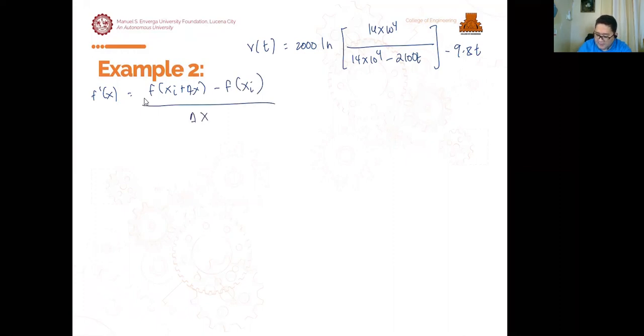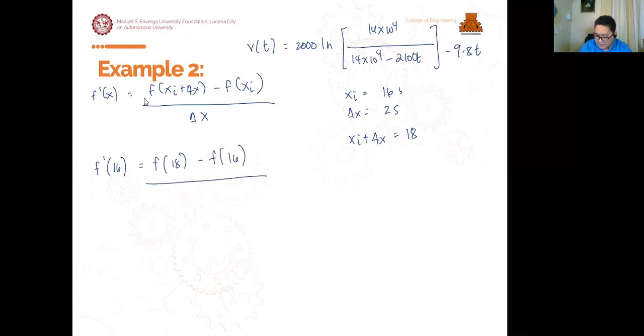Our x sub i is given in the problem as our first t value, 16 seconds, and our step size is 2 seconds. So x sub i plus delta x will be 18. So when we substitute, f prime of 16, the value of the first derivative, will be equal to f of 18 minus f of 16, over our step size of 2 seconds.